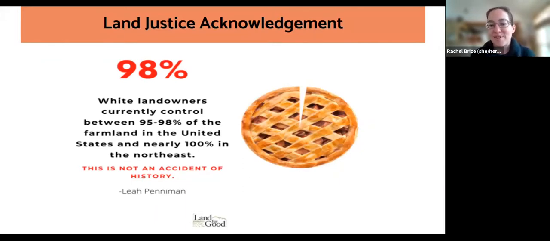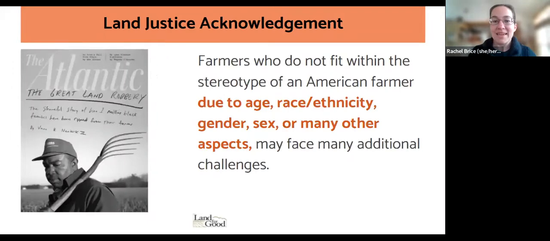And so our dominant food and farming system, as well as the institutions that govern them, are steeped in these histories of racism, exploitation, and oppression, and remain highly inequitable. One of the things that means is that farmers who don't fit the traditional stereotype of an American farmer because of things such as age, race and ethnicity, gender, sex, and many other aspects might face additional significant barriers to access to land.